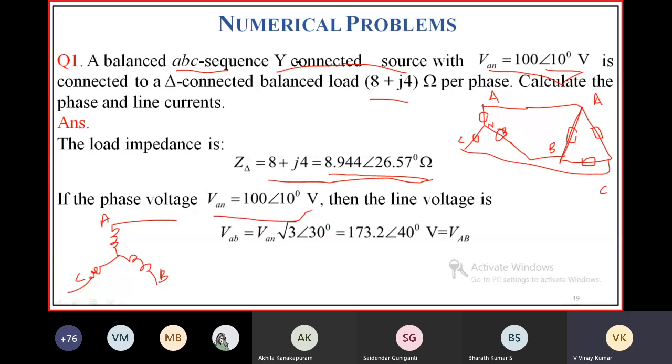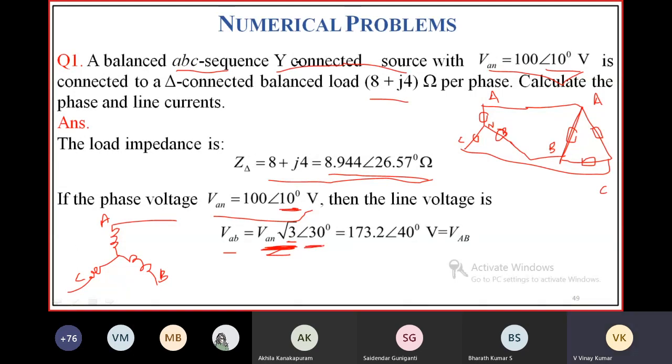How can I get the line voltage? You know, line voltage leads phase voltage by an angle 30 degrees. First of all, what is the relationship between line voltage and phase voltage? Line voltage is equal to root 3 times that of phase voltage.